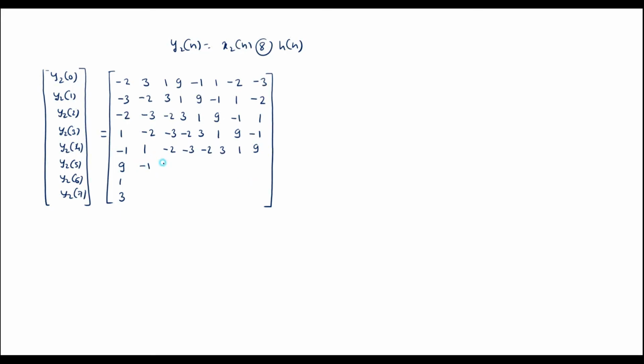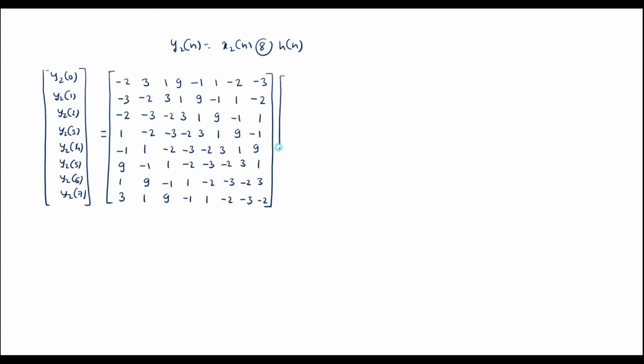Then we have minus 1, 1, minus 2, minus 3, minus 2, 3, 1. It is 9, minus 1, 1, minus 2, minus 3, minus 2, 3. Finally, we have 1, 9, minus 1, 1, minus 2, minus 3 and minus 2.